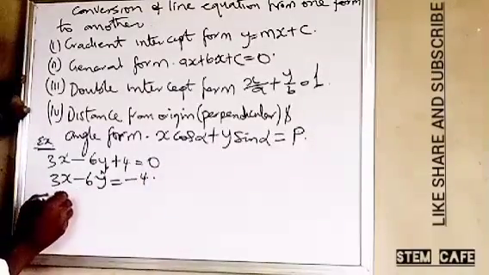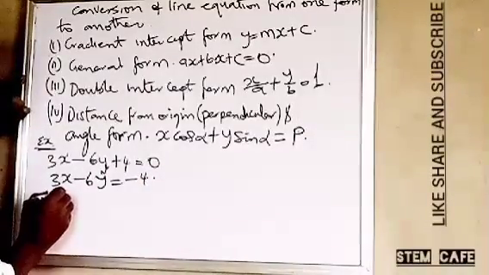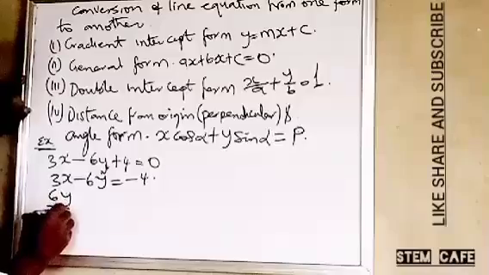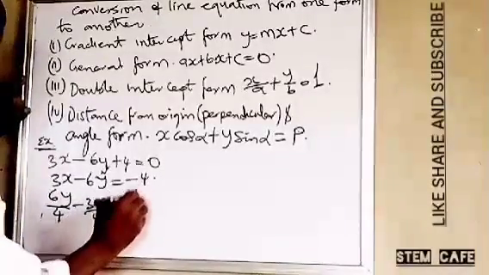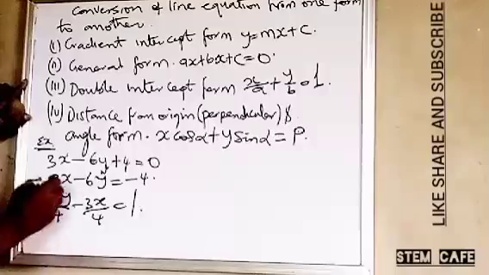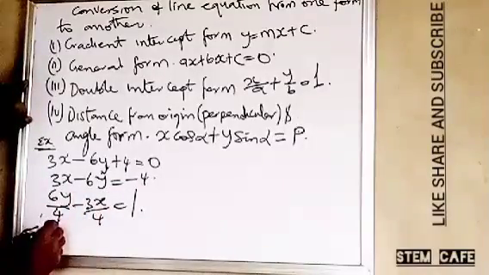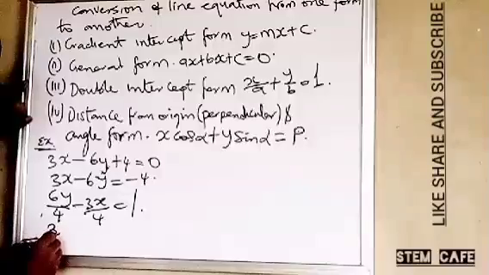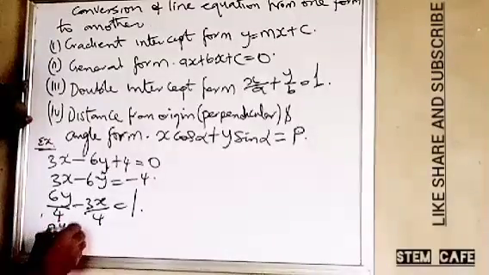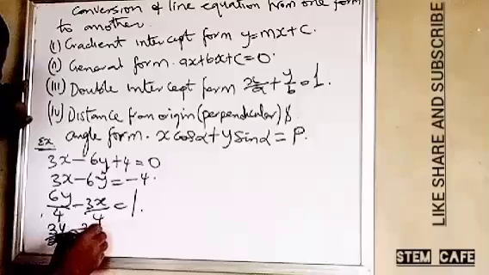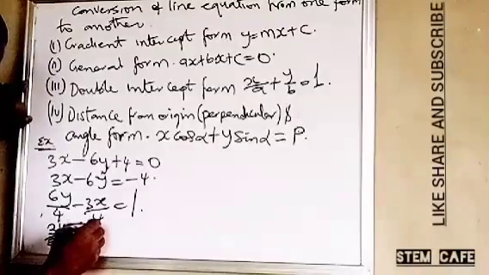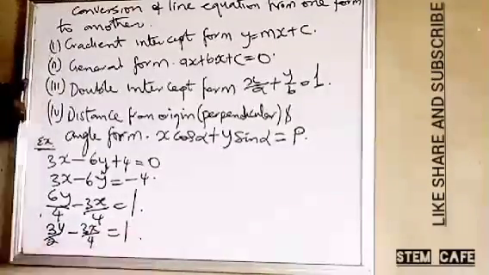We have 6y over 4 minus 3x over 4 is equal to 1. So we can see that this one gives us 3 over 2 y minus 3 over 4 x is equal to 1.